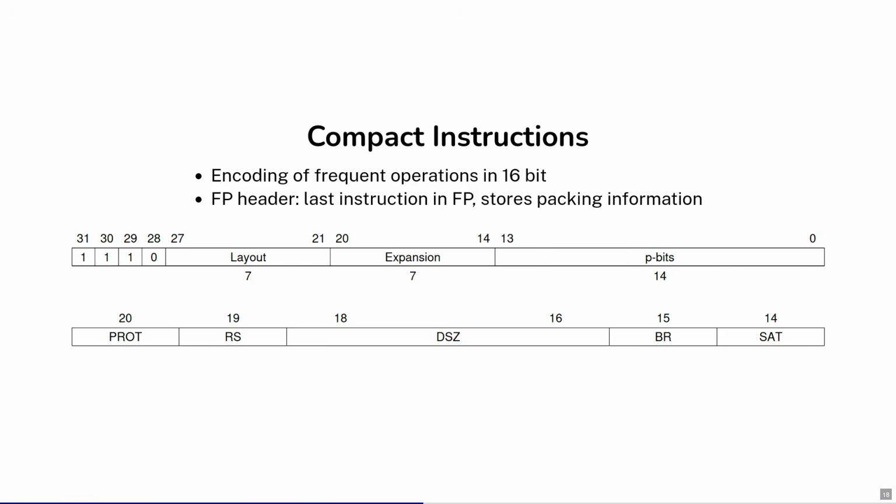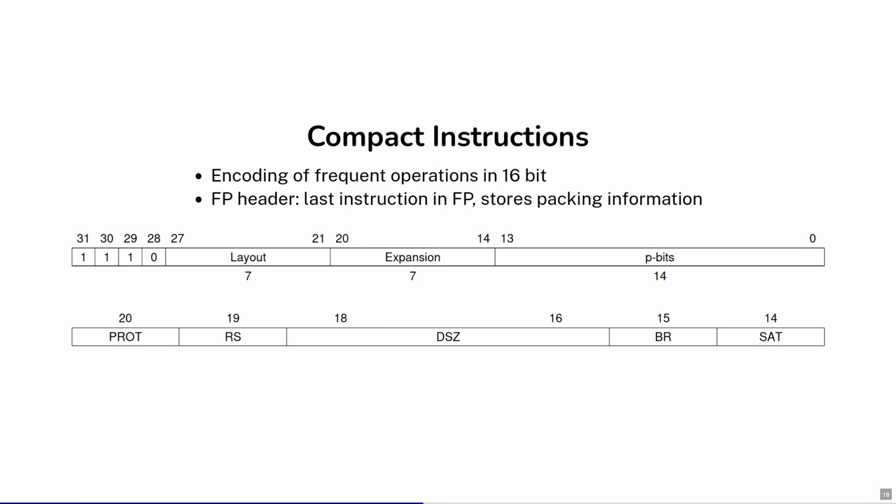So now we can encode instructions in 16-bit, and because all instruction formats were already used and there would have been collisions, they needed to find a way to encode which instructions are compact, and they decided to use the last instruction in each 8-instruction fetch packet to encode if this instruction has compact instructions, and we can detect that with the condition bits.